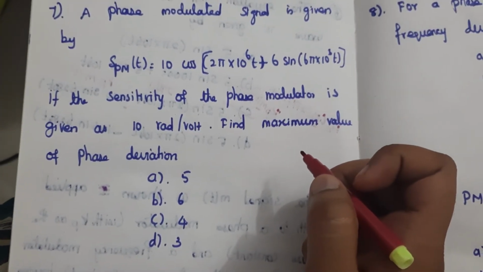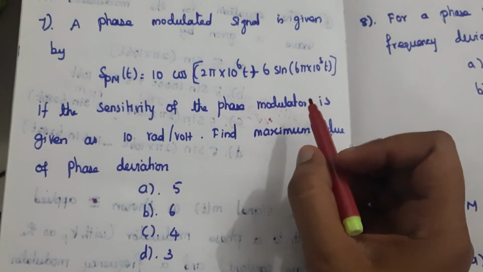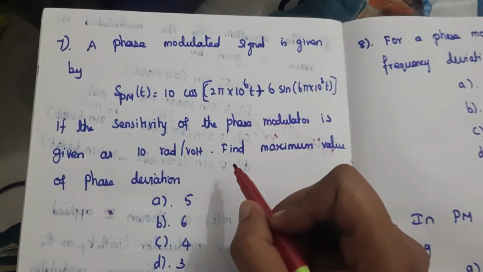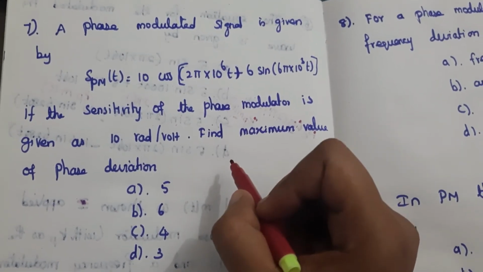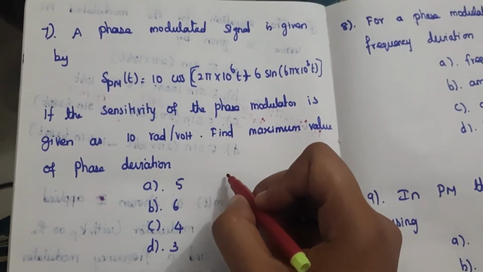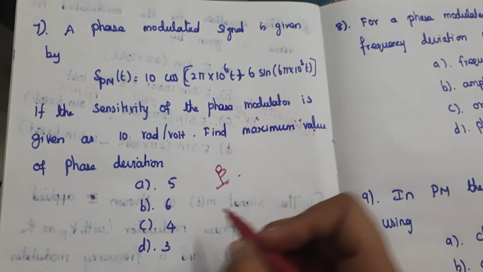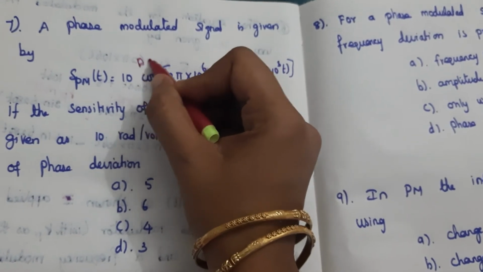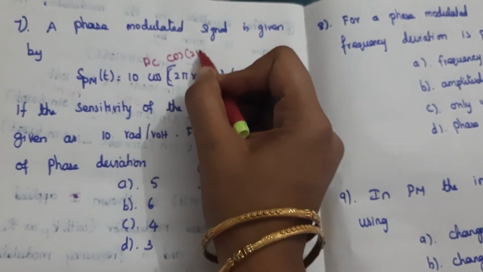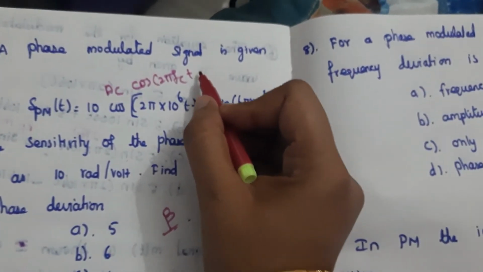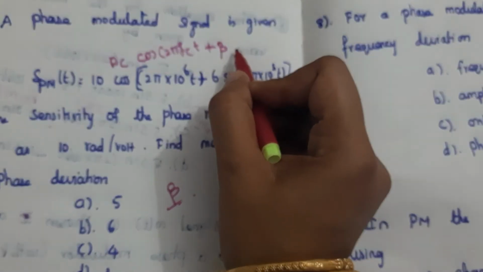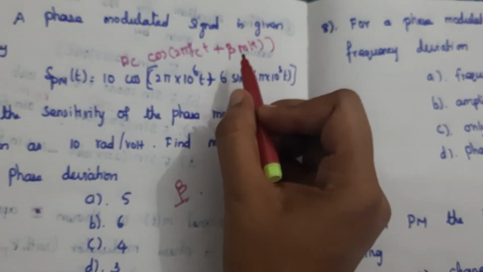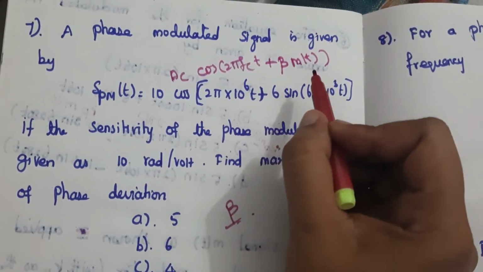Seventh question, a phase modulated signal is given, and the sensitivity of the phase modulator is 10 radian per volt. Find the maximum value of phase deviation. We have to find the beta value, and from the signal itself we can find it. The signal is equivalent to Ac cos of 2 pi fc t plus beta or kp into m of t, which is the signal format of a phase modulated signal.